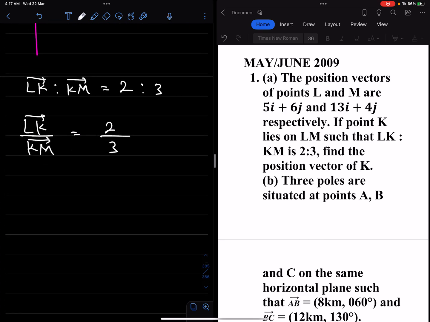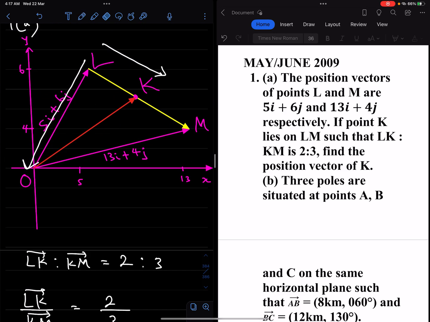So that's what I'm going to write now. LK is LO plus OK over, what is KM? What's the vector KM? The vector KM is the movement from K to M without going directly this way.